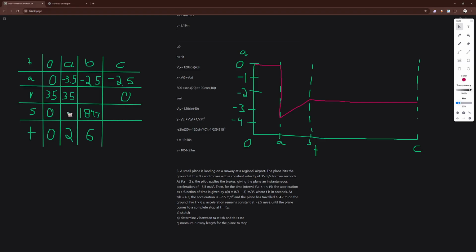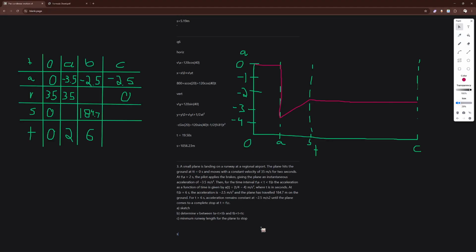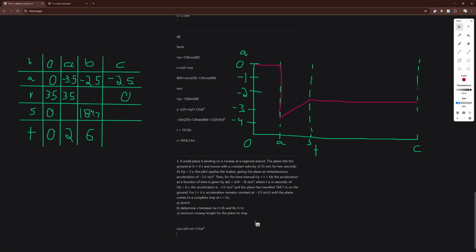S at this point A, right? So let's get started with that. This is pretty easy. What information do we have for this point? Acceleration is 0. We have time equals 2. We have velocity equals 35, right? So we're just going to use the formula S naught plus vt plus half a t squared.